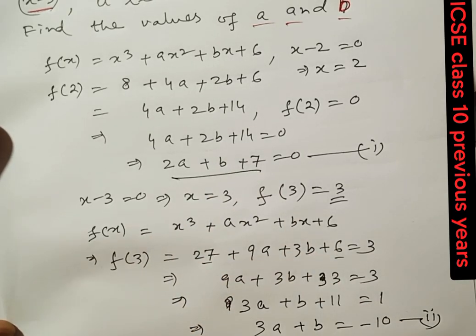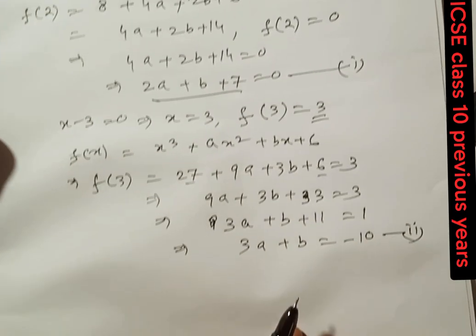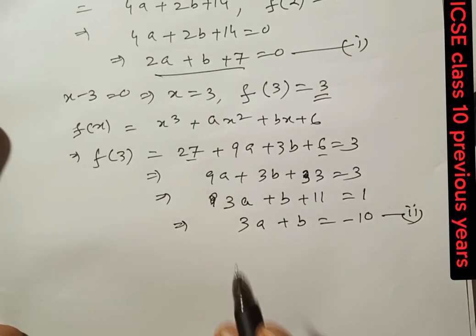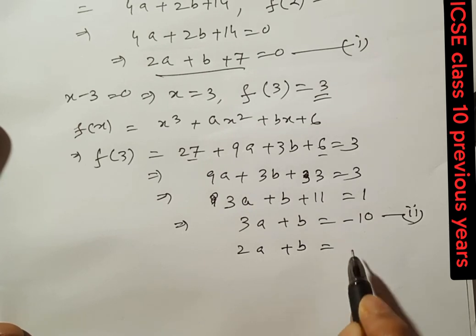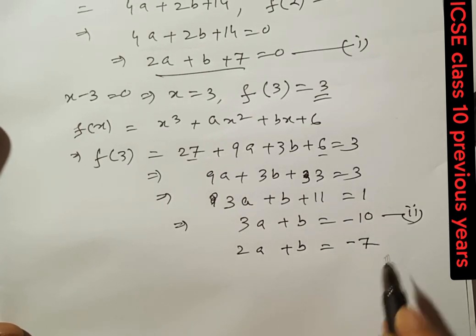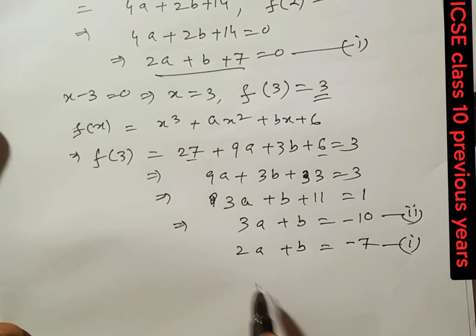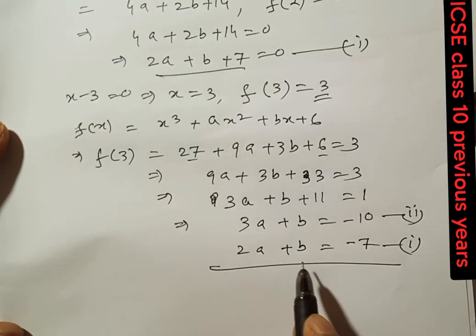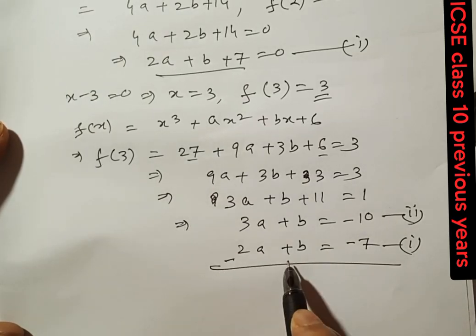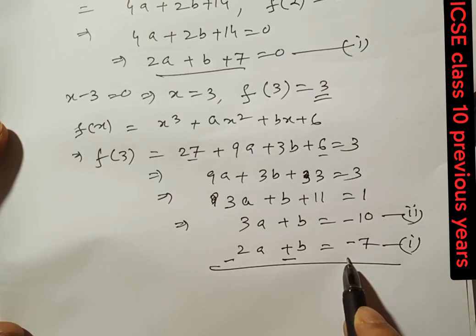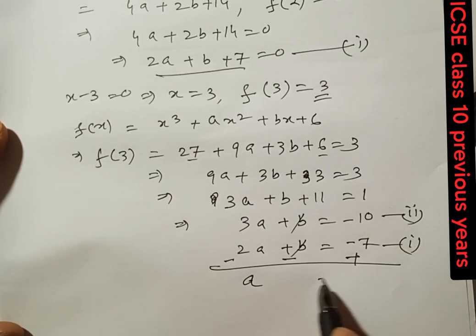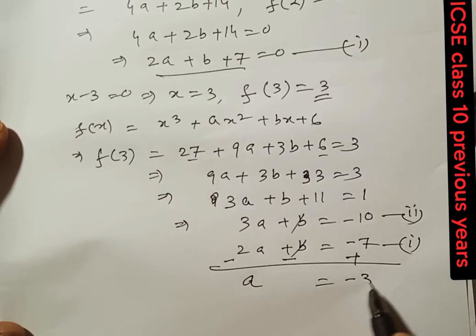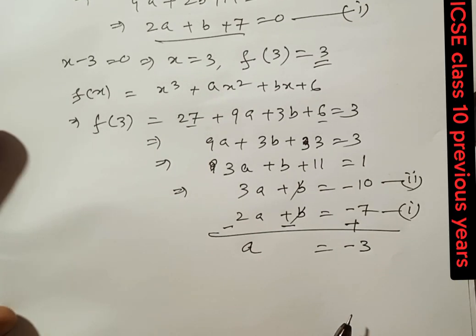And here we get 2a plus b equal to minus 7. This is equation number 1. We solve it using the elimination method. So I cancel b here. Here this is a and this is minus 3. So a is minus 3.